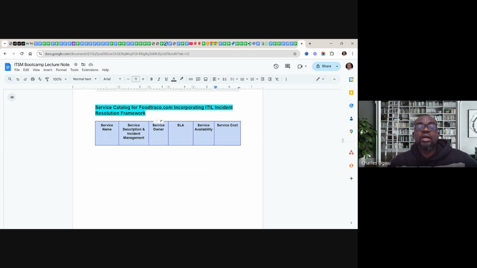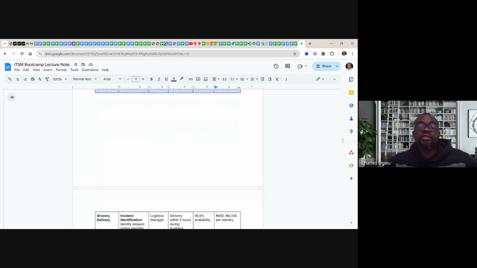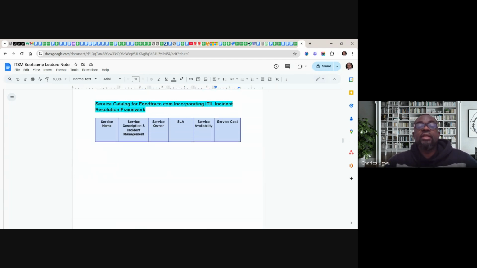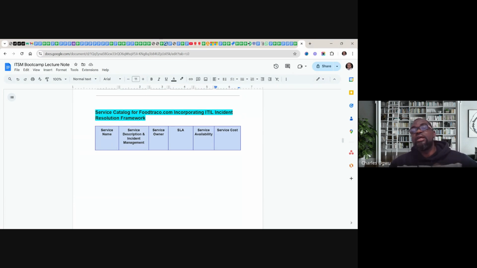All these owners are from the operations, the owners of the service within the operation. We have not identified the owner of the service within the ITSM unit, which is going to be the agent. But this is how we build an ITSM service catalog.